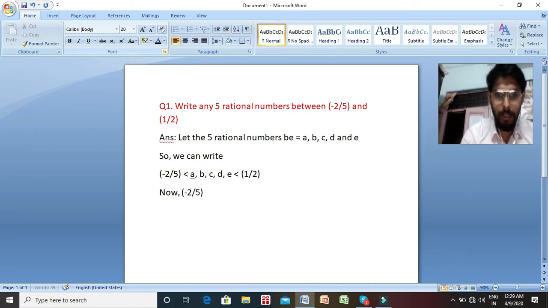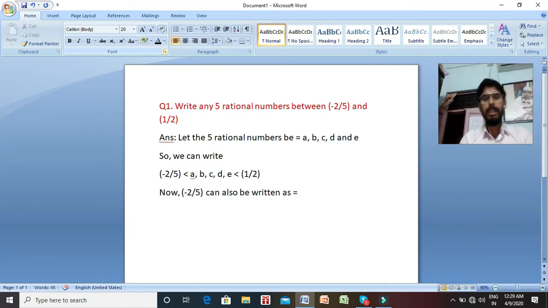Now -2/5 can also be written as, now see, what we are going to do here is make the denominators of -2/5 and 1/2 exactly the same. For that, we need to multiply by the other denominator.